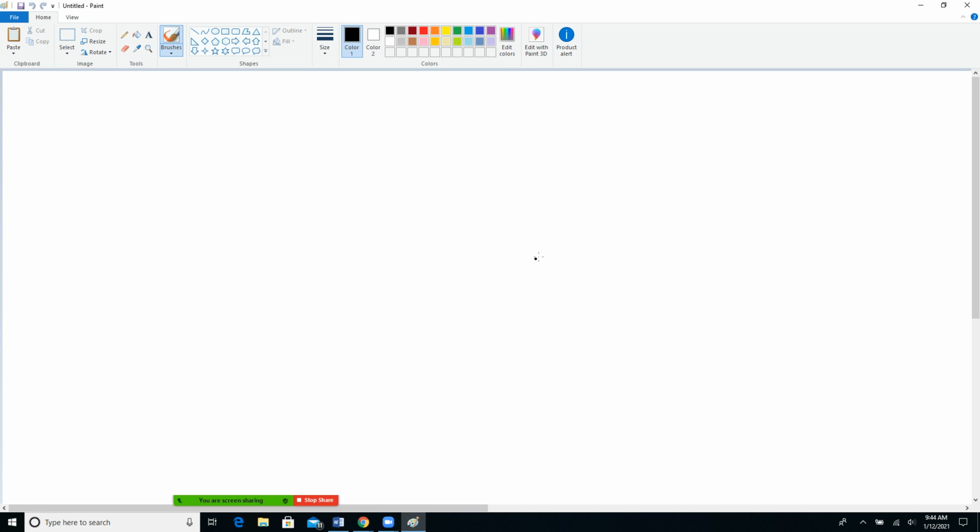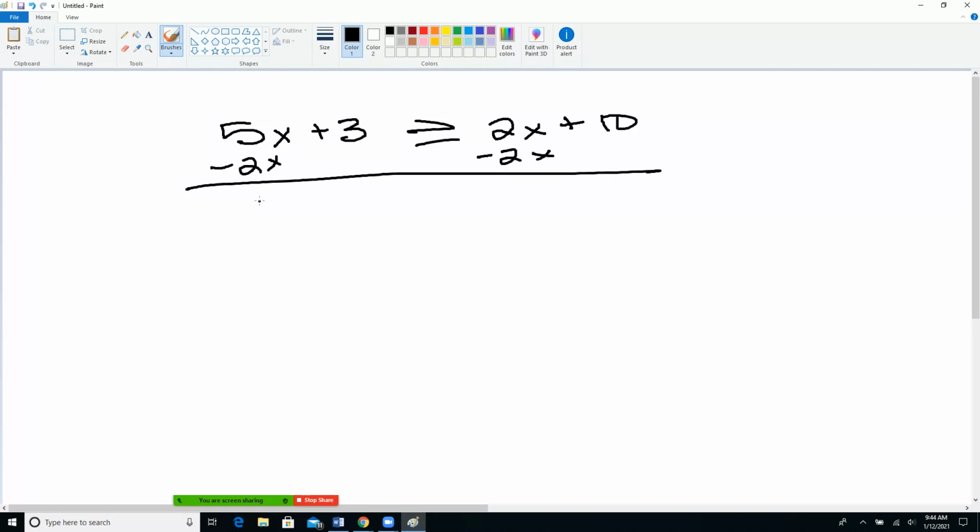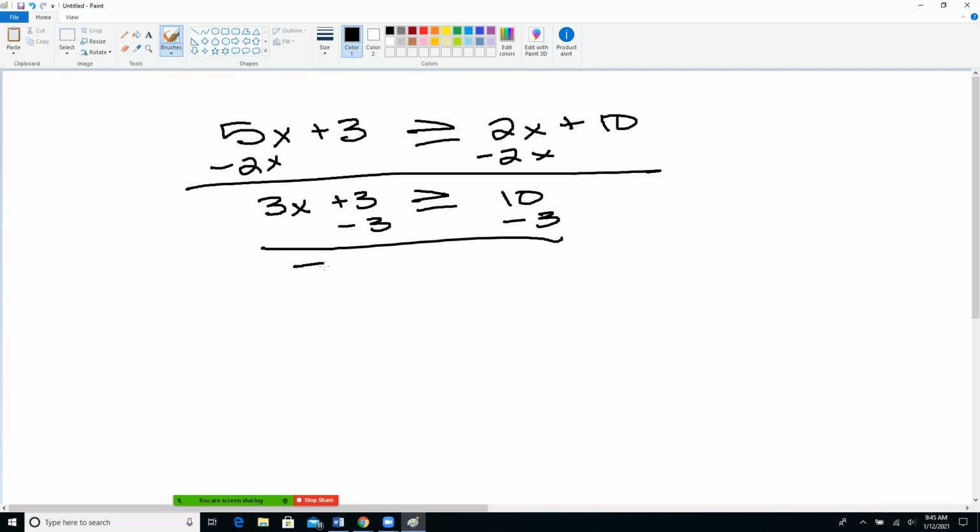Solving inequalities and graphing them on a number line. 5x plus 3 is greater than or equal to 2x plus 10. So we have to solve this. Let's go minus 2x. Three x plus 3 is greater than or equal to 10, minus 3. So we have 3x is greater than or equal to 7. Divide by 3.